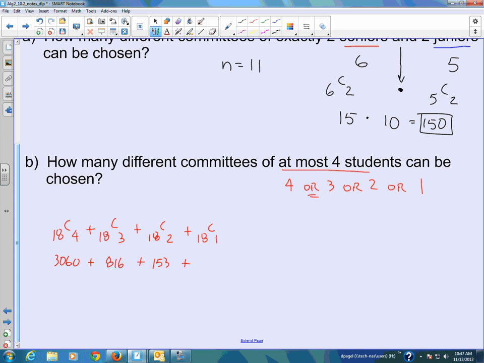How many ways can we pick one student? This would be 18. And if we added all that up together, we would get 4,047.